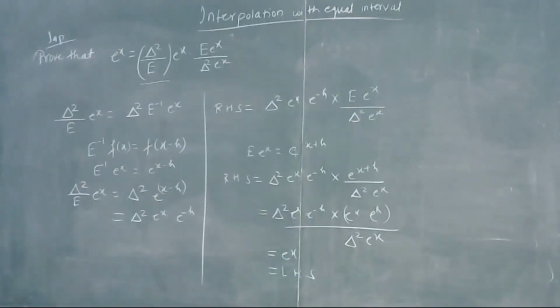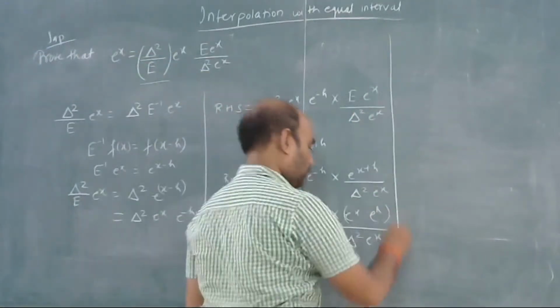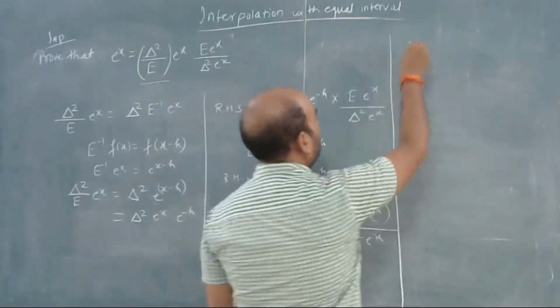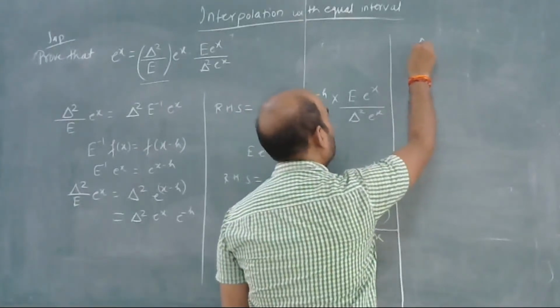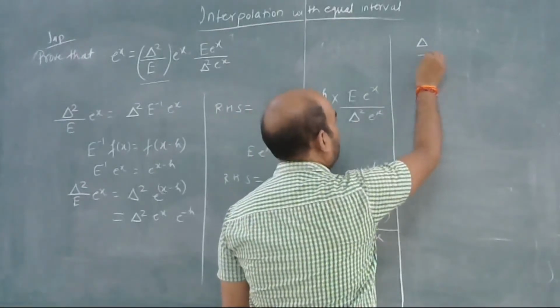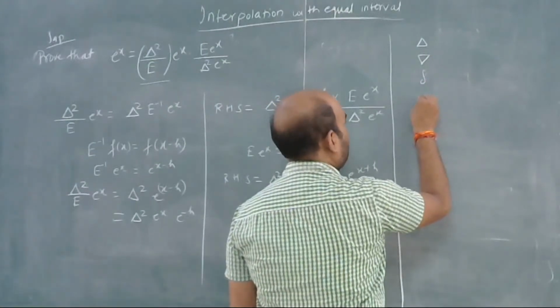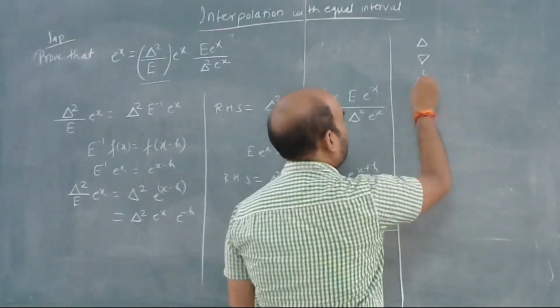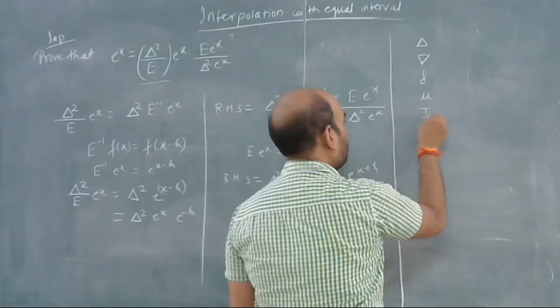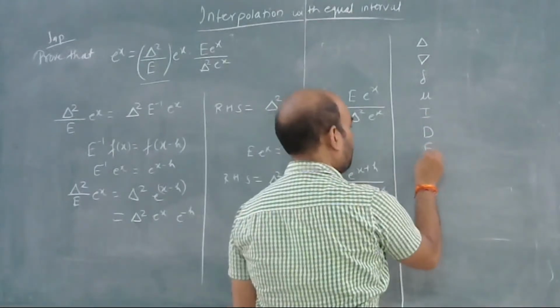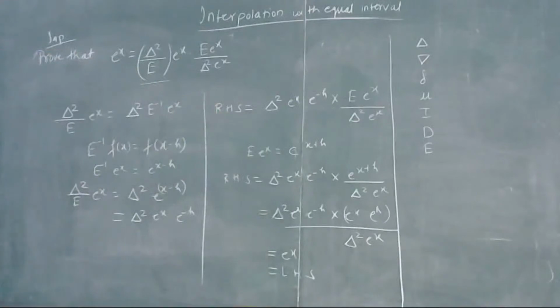So this is the derivation. This is quite important for numerical. Okay. So what we have studied till now: we have studied these operators today.